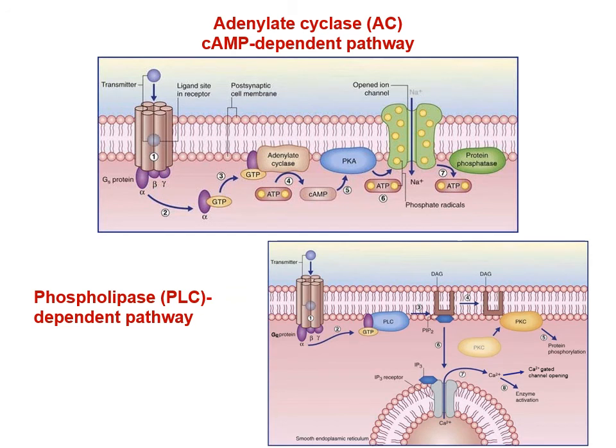In this slide, you can find a more specific example of how both the AC and PLC pathways are activated through G protein coupled receptors. I'm not going to go into the details of these specific pathways because, as I said, you will be seeing this in other lectures in this class.